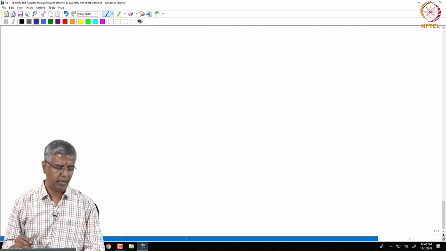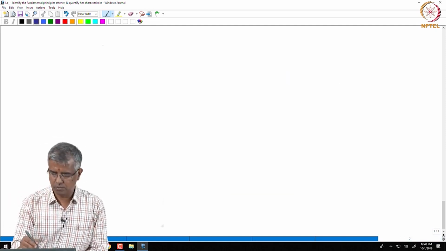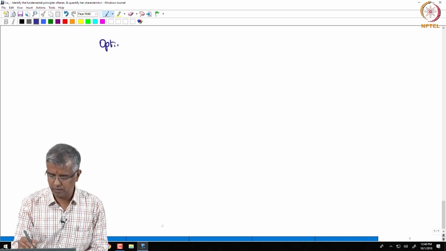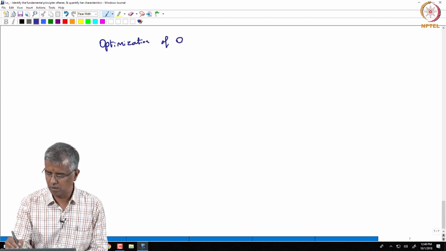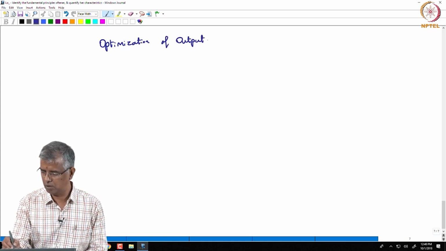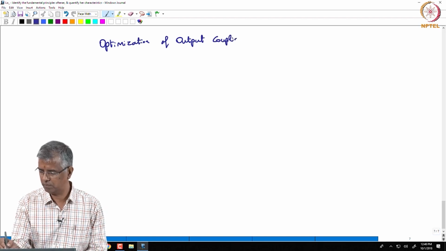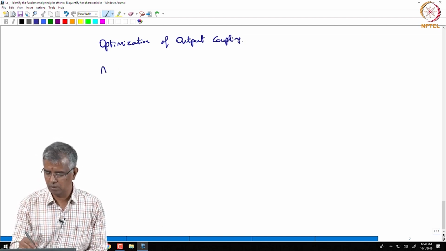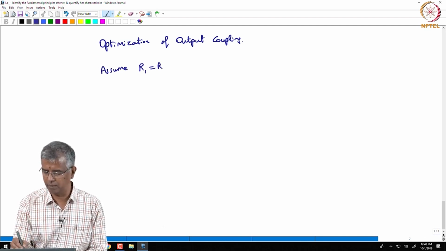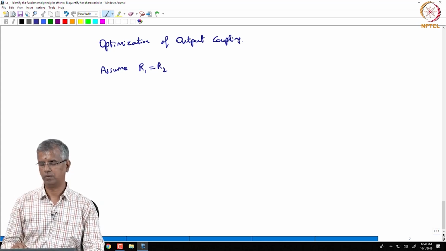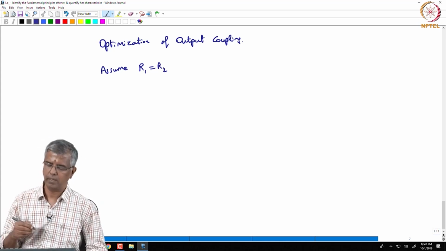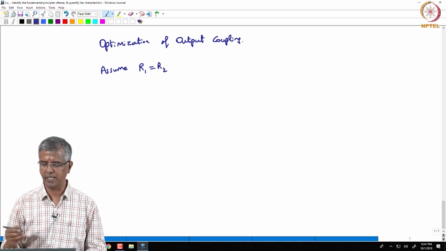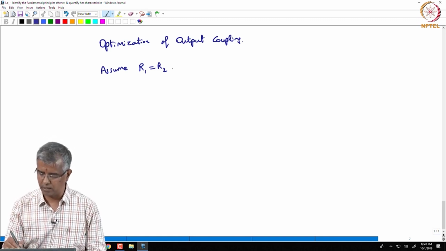So, let us say, an optimization of output coupling. Let us assume R1 equal to R2. Of course, we can change that assumption also; I will come back to that in a minute.